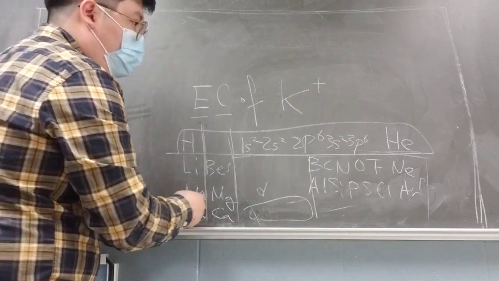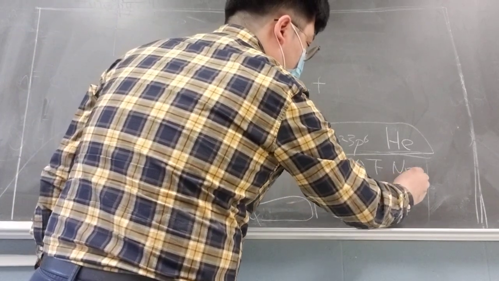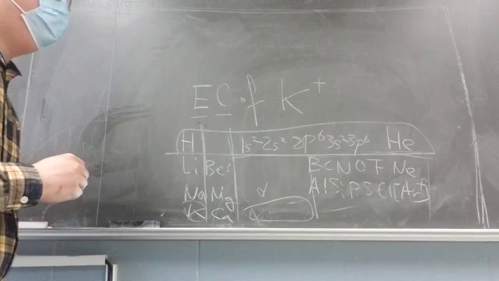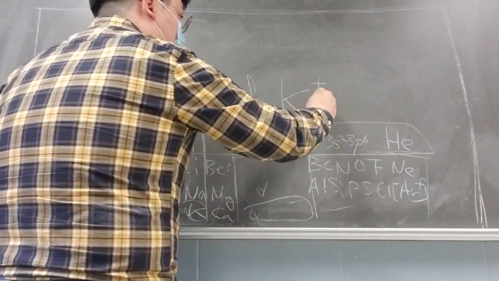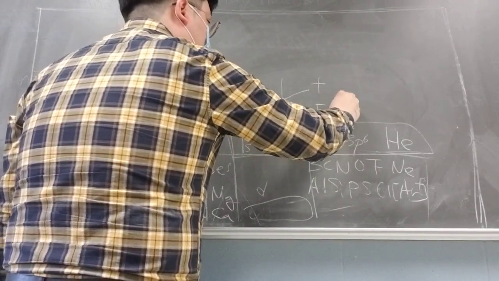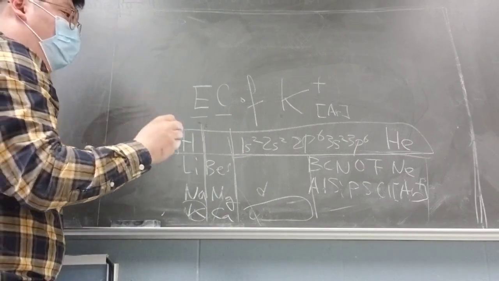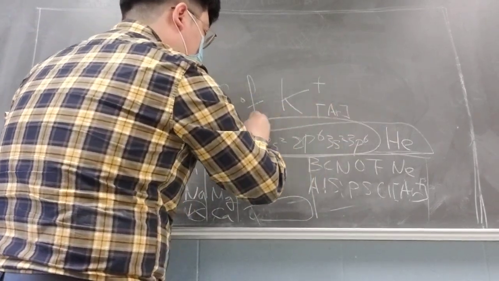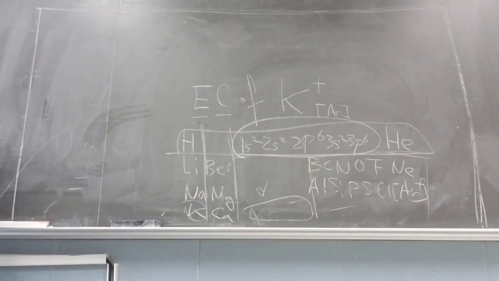So that will be the same as the electron configuration of argon. If you want to do the condensed form, you can put argon in brackets. If you want to do the longer form, you just do this one. Just follow the periodic table, where the S, P, D or F blocks are, and come from left to right, top to bottom, that's it.